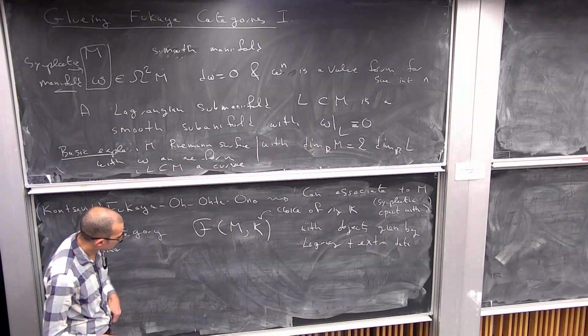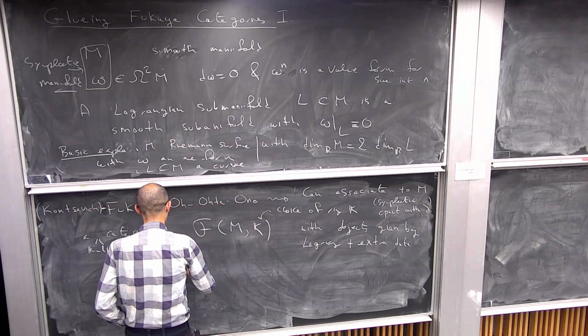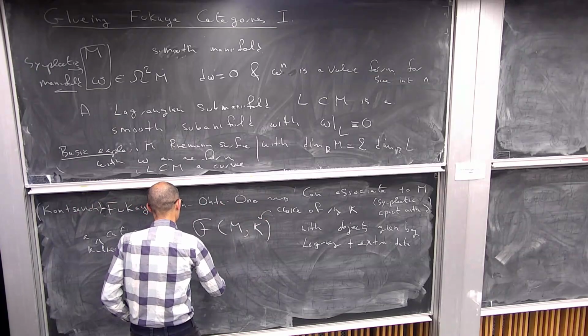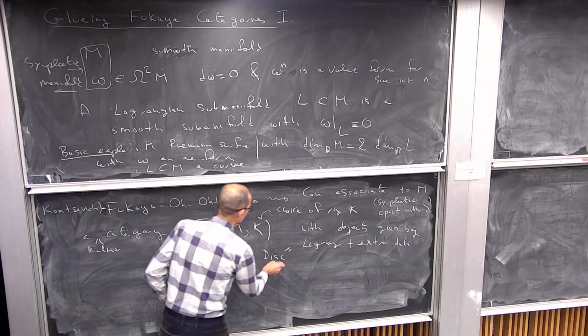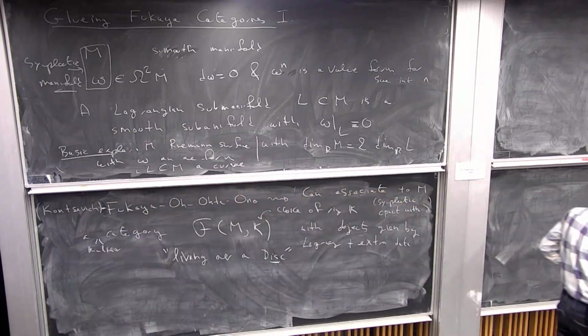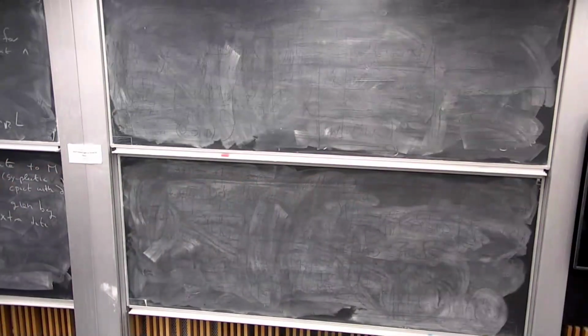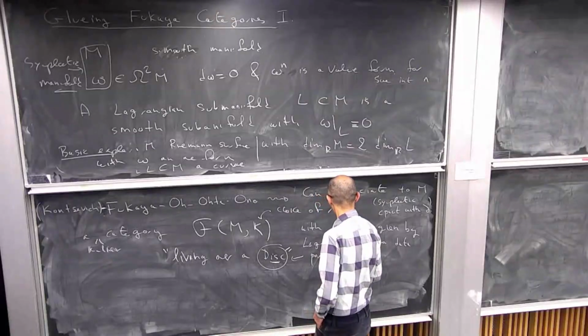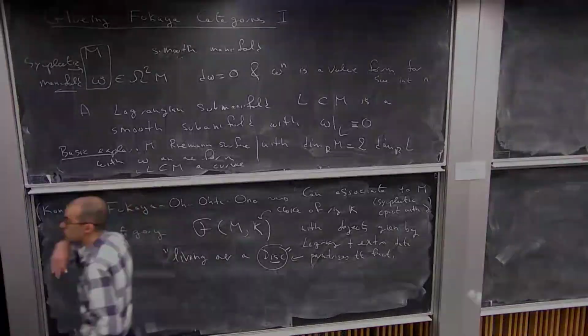But what I want to say is that this category, you should think of it as living over a disk. So this category is more like a family of categories. We're going to have to make this more precise in a second. And this disk, the way you should think about it is that it parametrizes the fact that the symplectic manifold always comes in a family.